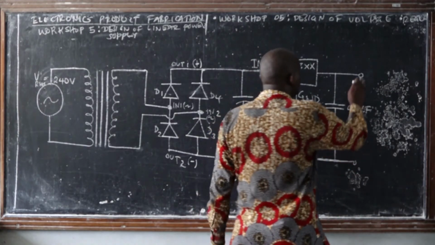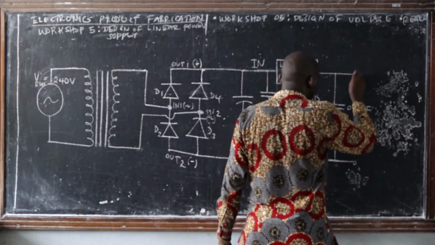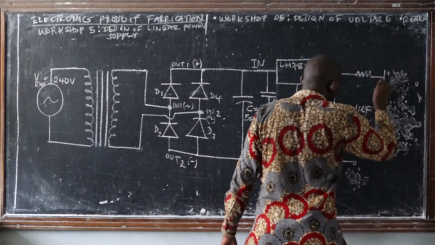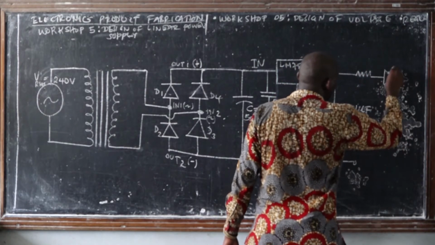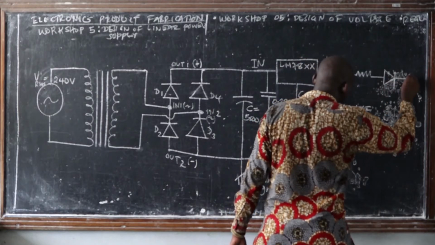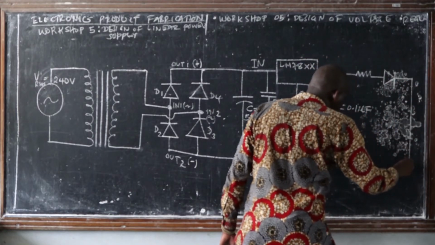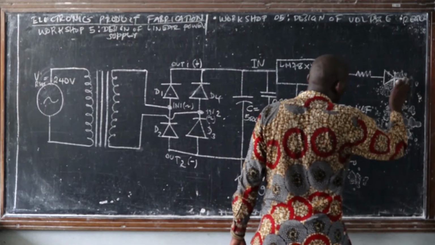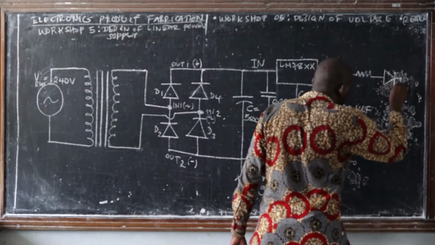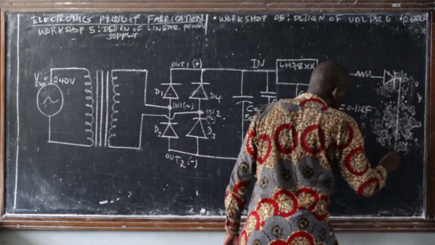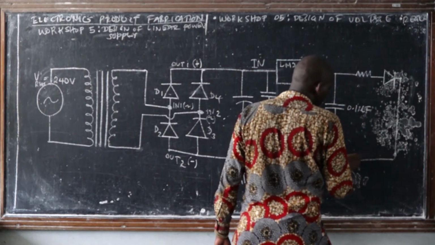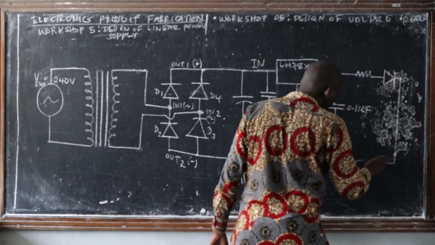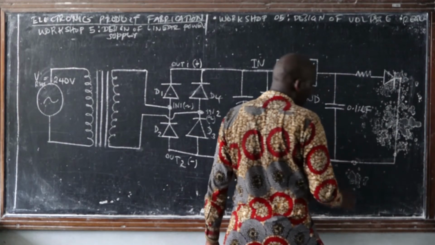For that, we need to connect a current limiting resistor to limit the current flowing through the light emitting diode. The function of the light emitting diode is to give you a visible indicator of power, of whether your linear power supply works or it doesn't work.